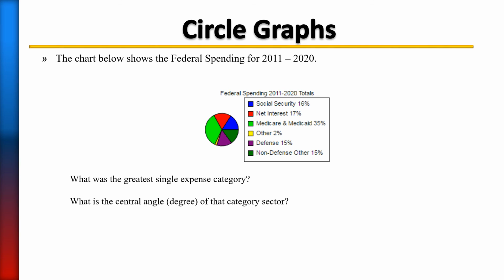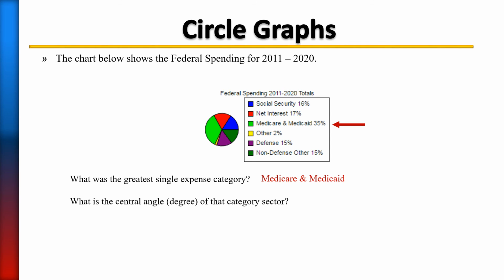Well, all you have to do is look and identify which piece has the greatest piece of the pie. So notice that the biggest slice of pie is green, the light green, which is the Medicare and Medicaid expense. And that's about 35% of the total pie.